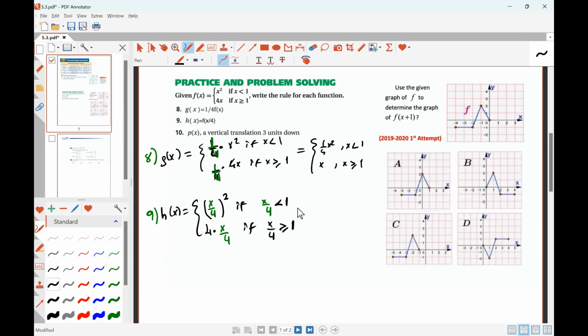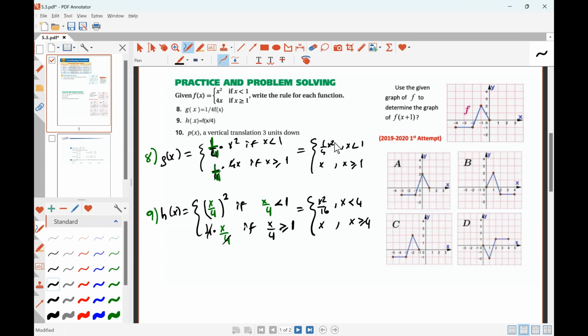Let's simplify this. So x over 4 squared becomes x squared over 16. Let's simplify this part to isolate x. Let's get x on the left. Do cross product. X is less than 4. The second part, 4 and 4 will simplify each other. You're left with x, comma, if, cross product, x is greater than or equal to 4.